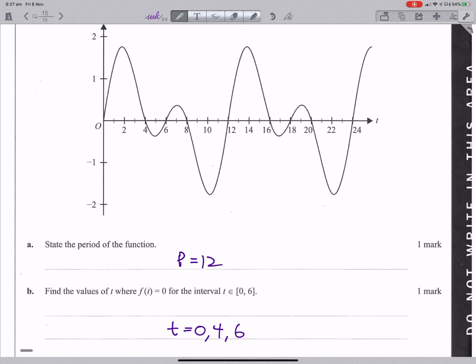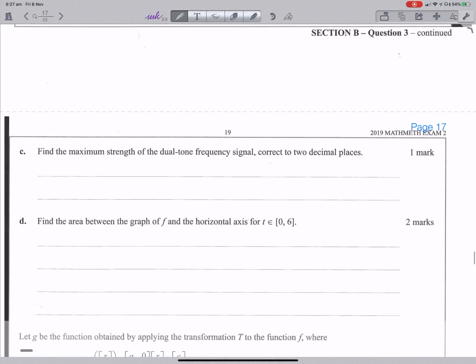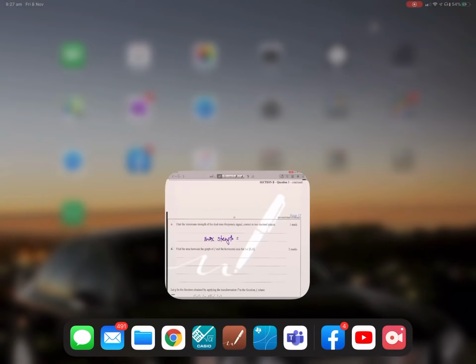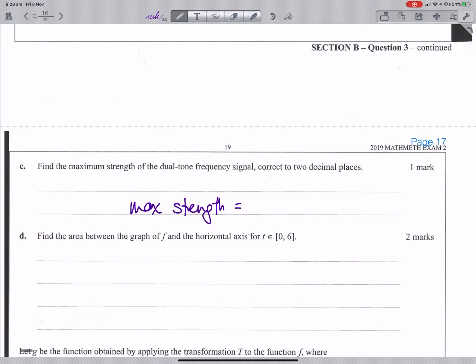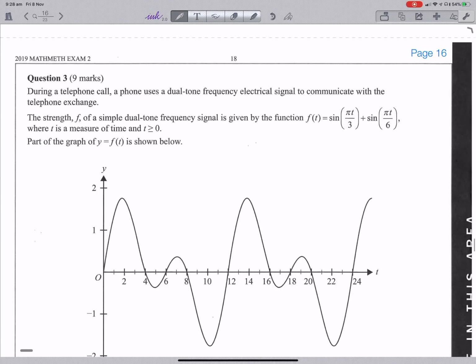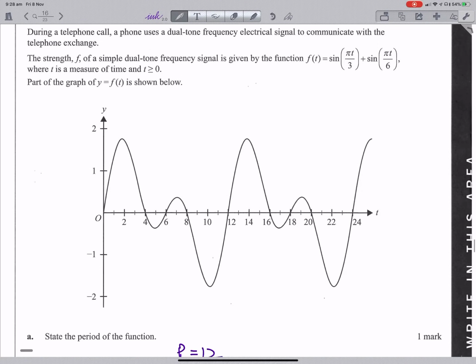So what's the question asking for? Find the maximum strength. Strength. Where are we? So 1.76. Doesn't have any units.